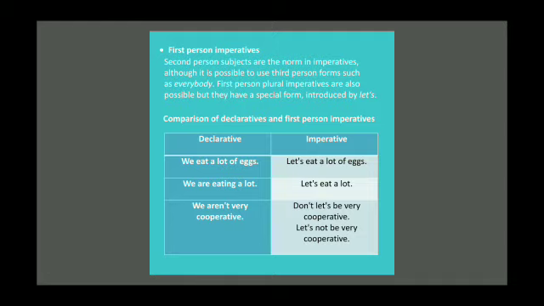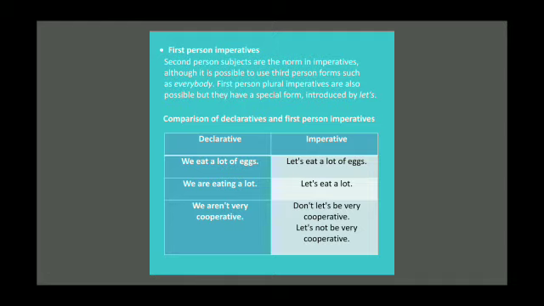The comparison, as you can see on the table, is the difference between declarative and imperative. We eat a lot of eggs. In imperative it should be: let's eat a lot of eggs, using let's at the front of the clause.